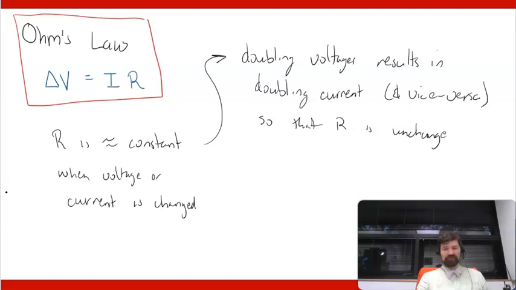Now there is a little bit of an asterisk with this statement, which is that resistance is temperature dependent, and so as you run current or run voltage, really as you run current through a device for some time, the device tends to heat up, and so that does actually change the resistance, but that is a heating effect rather than just a current effect.